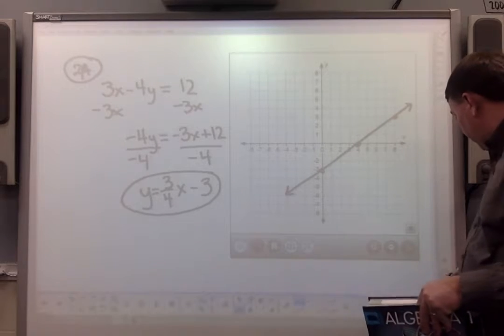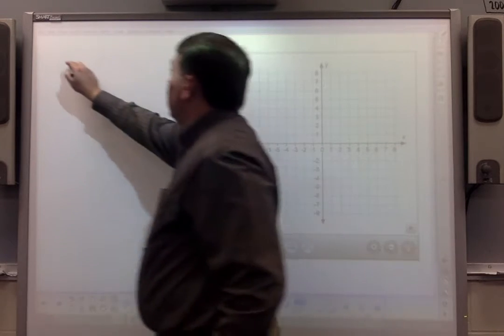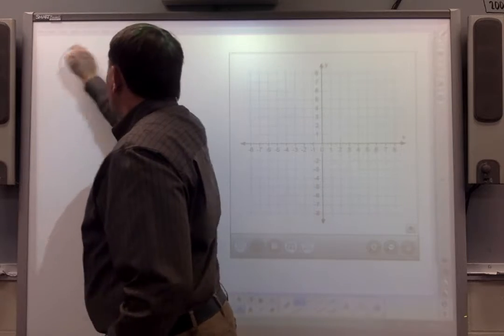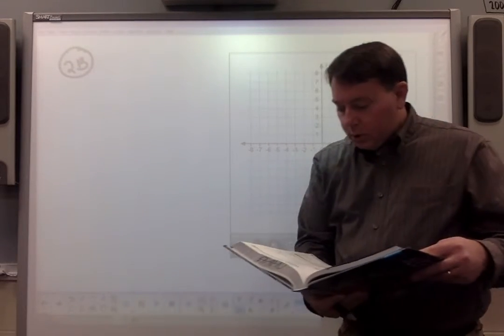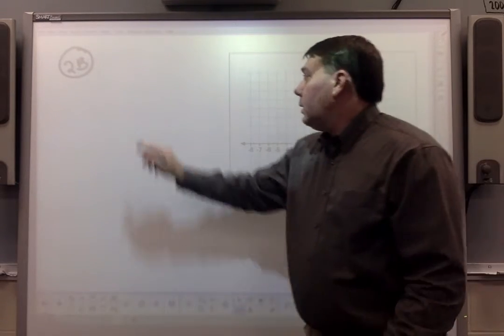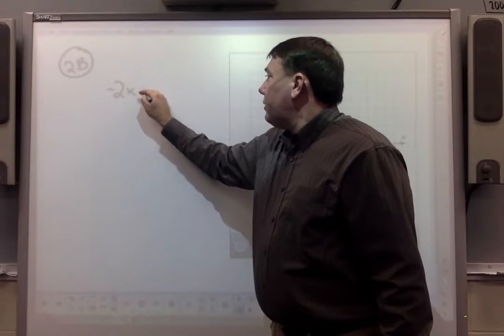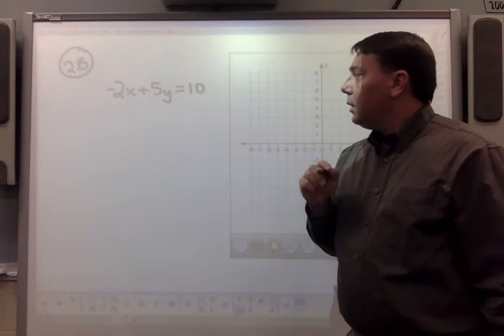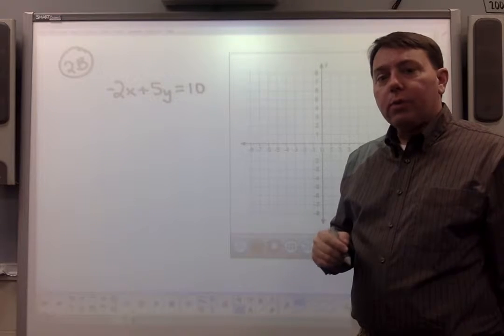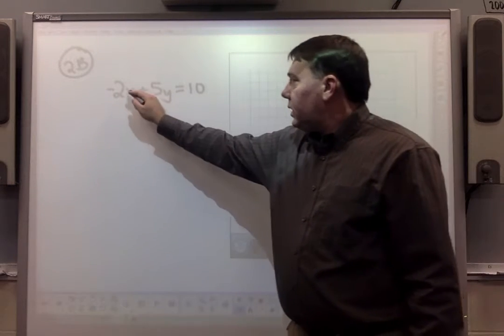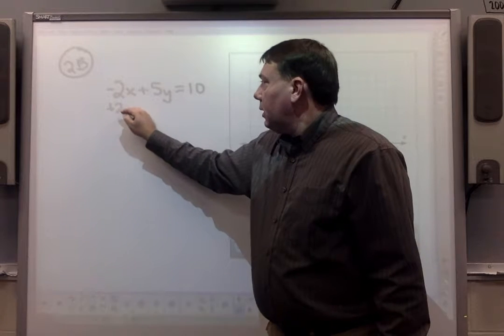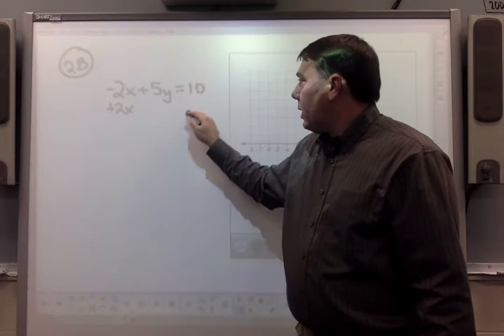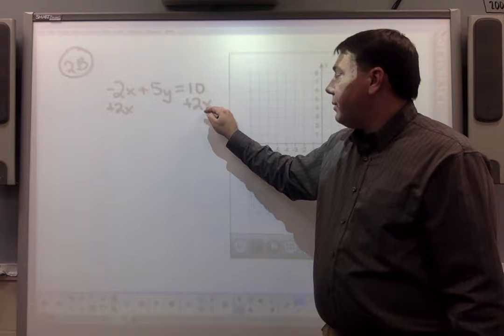Okay, 2b. In problem 2b, we have -2x plus 5y equals 10. Again, we're going to solve the equation for y. Right now you see -2x, so we're going to add 2x to both sides.